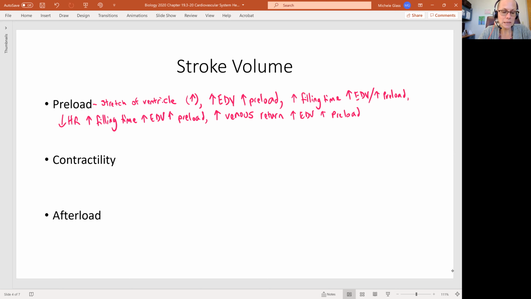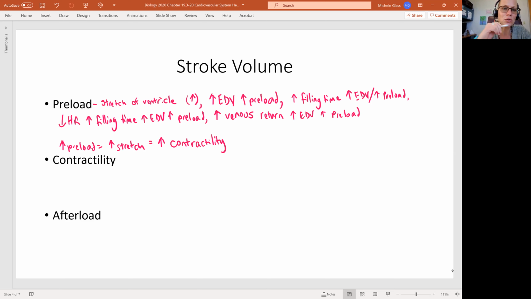What we're basically talking about here with preload is that by increasing our preload, we're increasing the stretch of that cardiac muscle tissue. But remember my rubber band, right? And this is going to increase this next factor, which we call contractility.